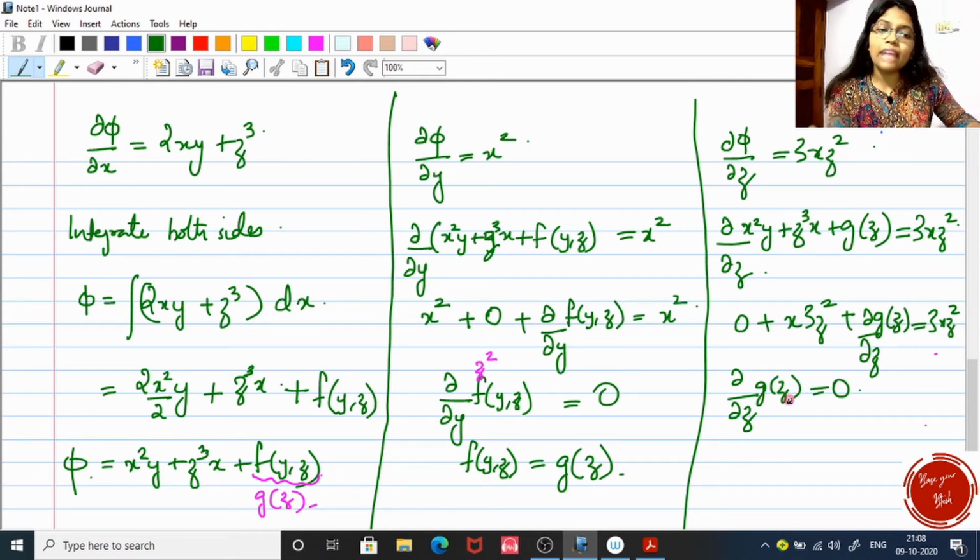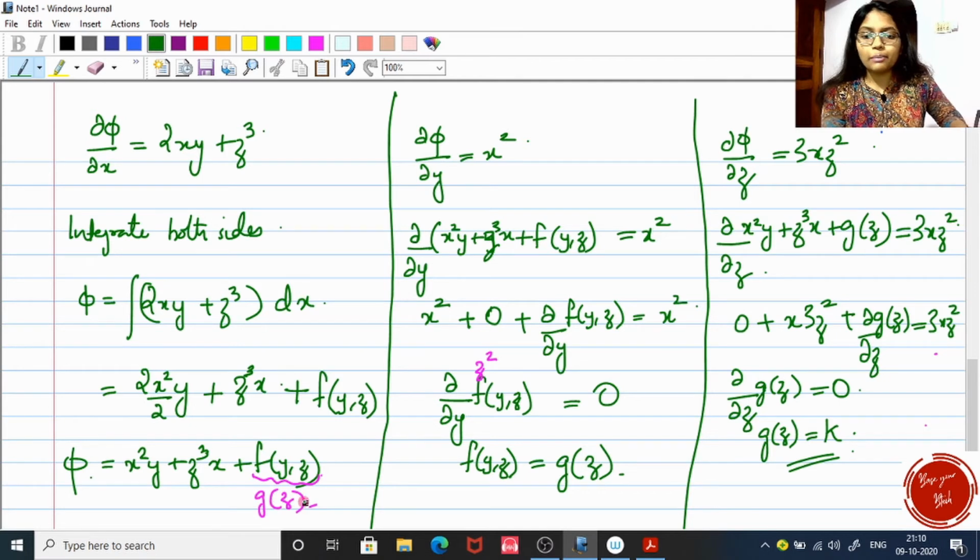Now the derivative is equal to 0. Derivative of a constant is 0. So of course this g of z must be a mere number, simply a constant, and no variable other than z. x and y are not there. Why? Because we have assured that this function g contains only z. So g of z is equal to k.